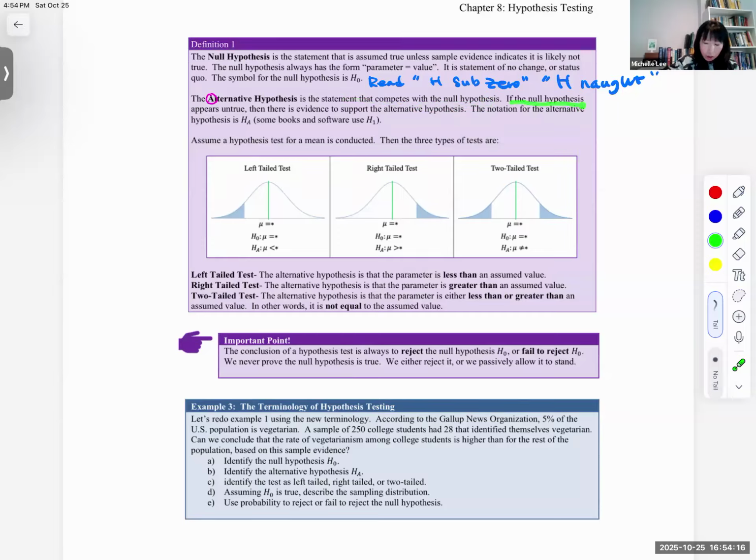If the null hypothesis appears untrue, then there is evidence to support the alternative hypothesis. Let me highlight.